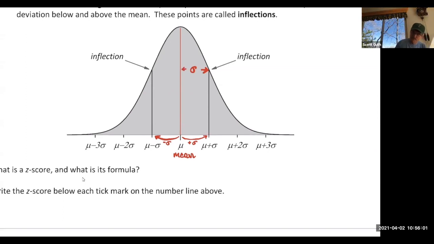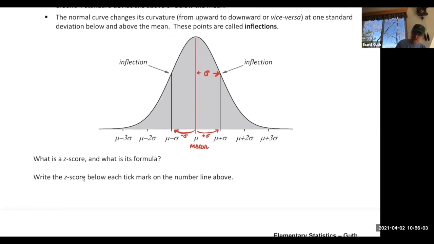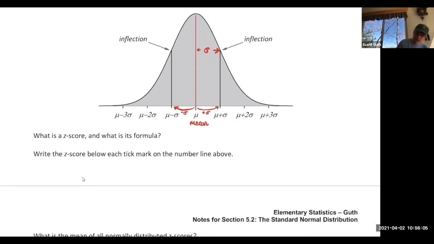Okay. So the question now is, what's a z-score and what's the formula? Z-score equals the number of standard deviations from X to the mean.